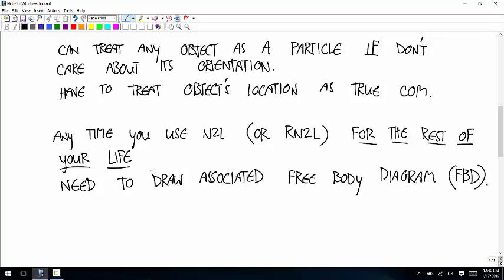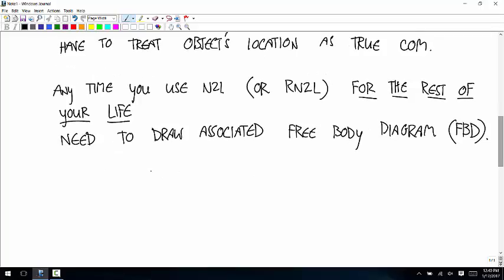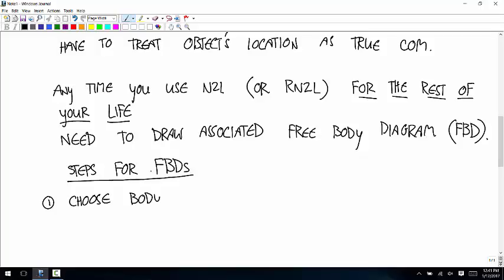And so these are the rules for free body diagrams, the steps to follow. The first one is you have to choose a body to isolate. It has to be some enclosed chunk of material.